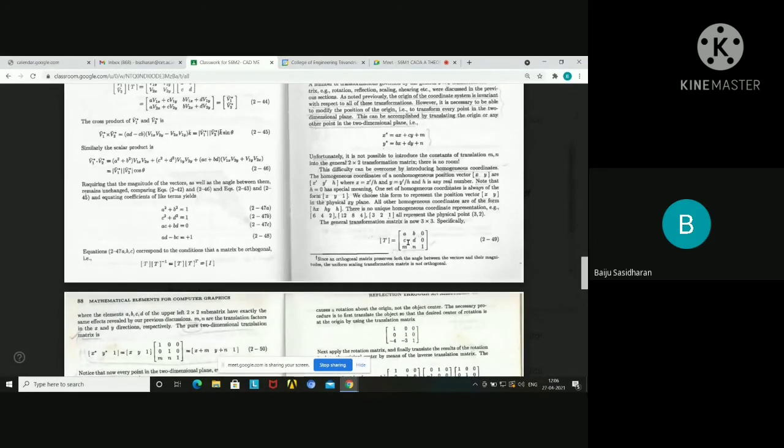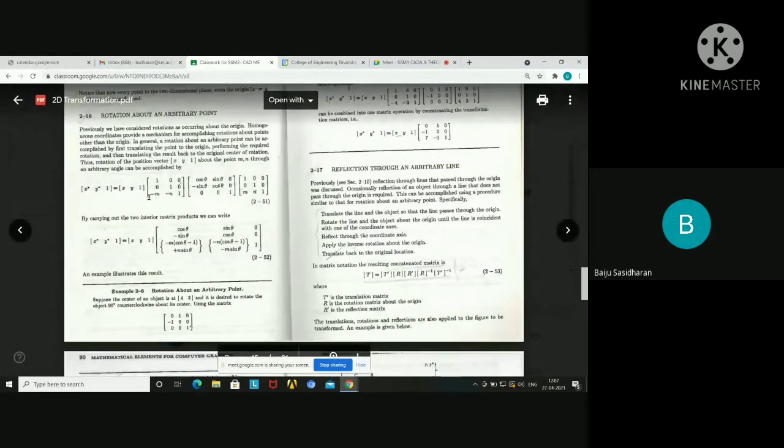This A, B, C, D is responsible for scaling, shearing, reflection, rotation, etc. This M, N is responsible for translation along the x direction, translation along the y direction, etc. And if non-zero values are here, in place of the 0, 0, they are responsible for some projection. And finally, there is a 1 there, and that 1 is responsible for overall scaling.